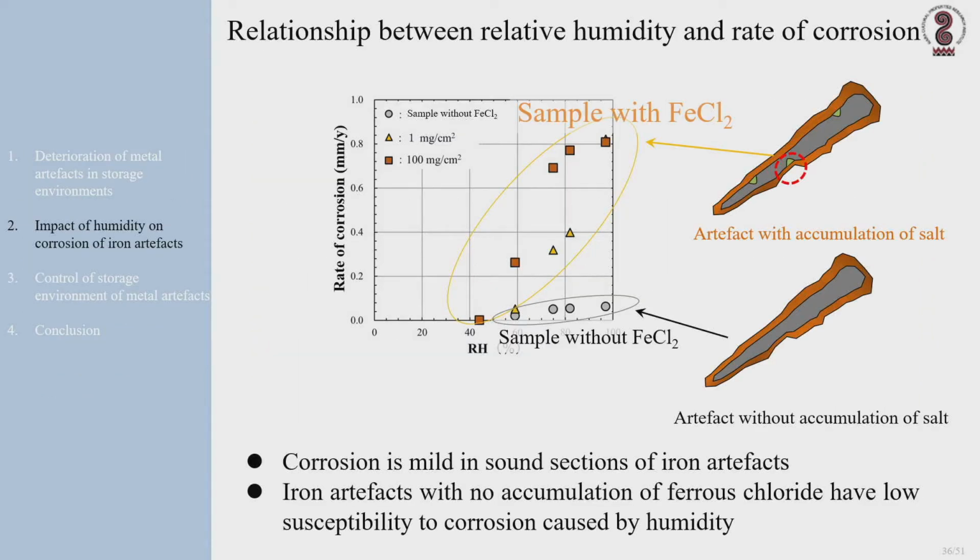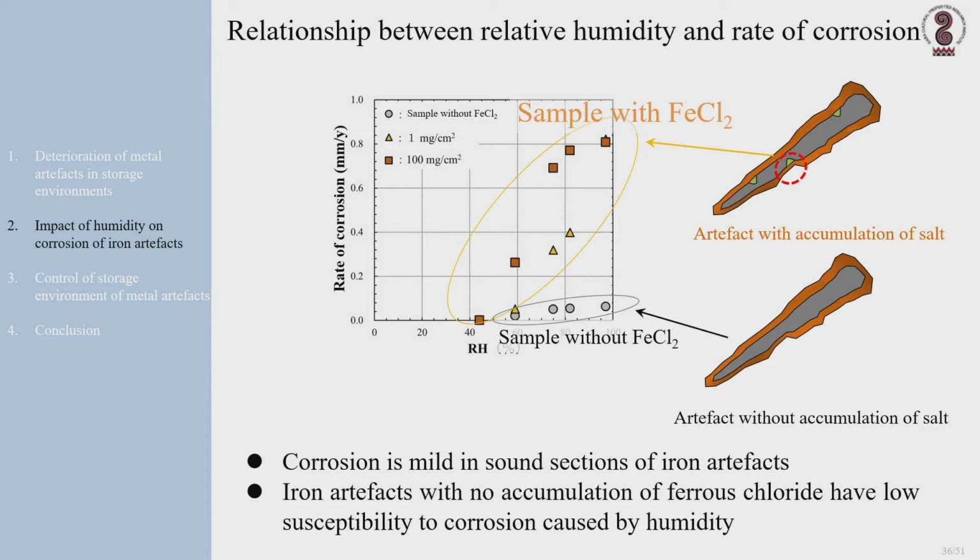Next, we examine the degree of corrosion in iron artifacts in relation to different relative humidities. The graph shows the results obtained from experimental test pieces that simulated corrosion in iron artifacts. The graph shows the relationship between relative humidity, which will be abbreviated as RH on the slides from now on, and rate of corrosion.